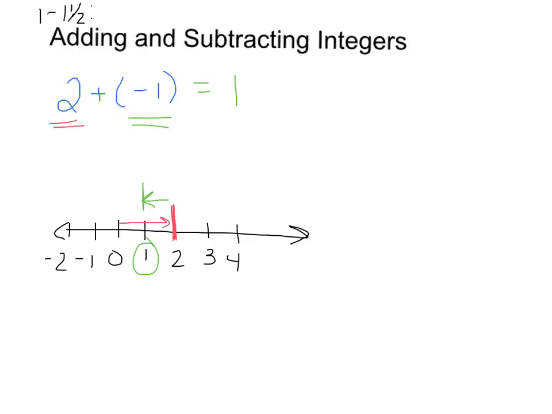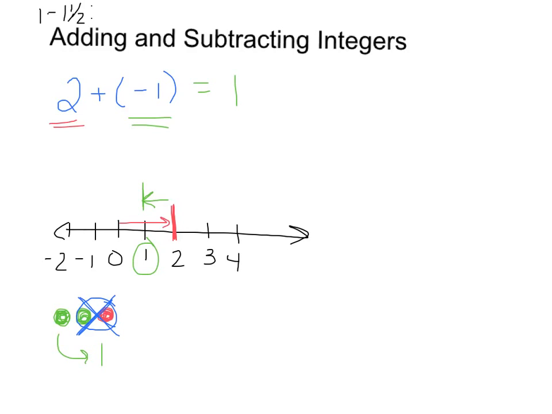Another way of thinking about this is positive and negative chips. If I have 2 positives, I'm going to say the 2 positives are green, and to that I'm going to add 1 negative, which I'm going to do in red. Basically 1 positive and 1 negative, as we learned last night, cancel each other out. So what am I left with?